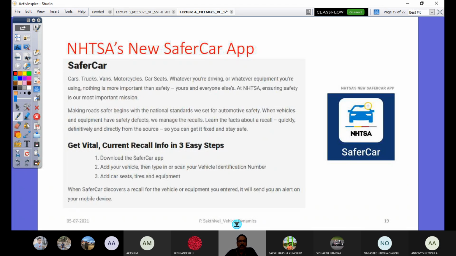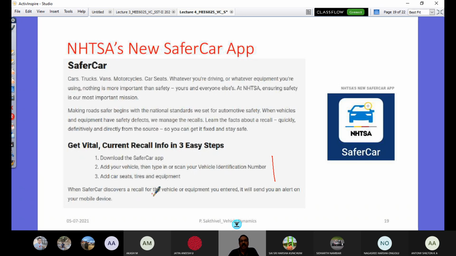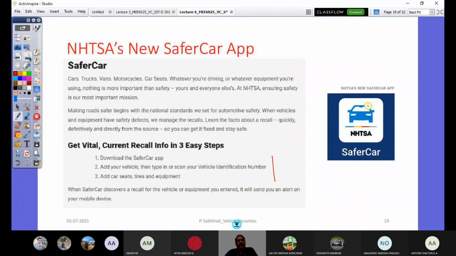It can be downloaded on our mobile phone, and then we feed in the data of a vehicle. Whenever there is a recall or alert from the car manufacturer, you will be given an alert and you would be able to return your vehicle and get it back. Such systems are there in the US.